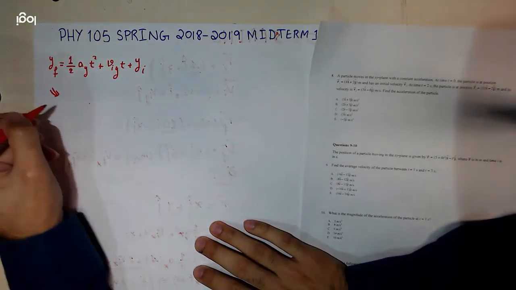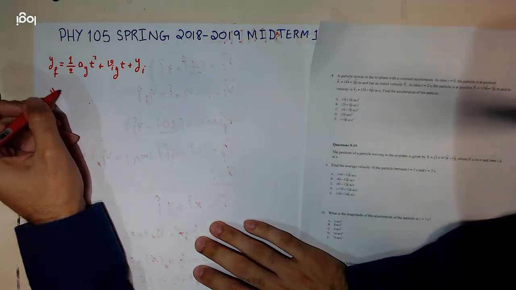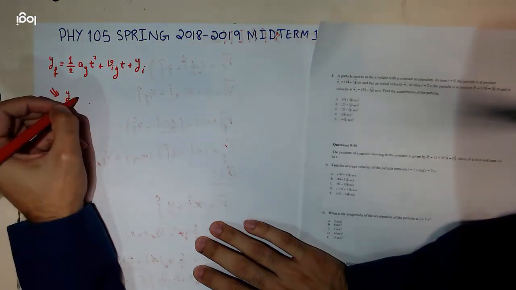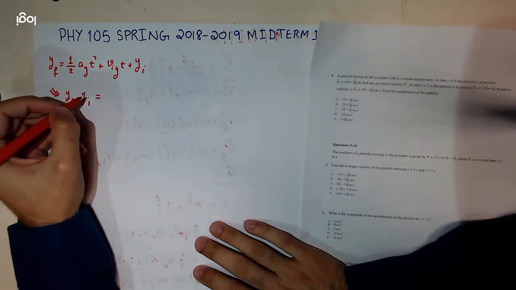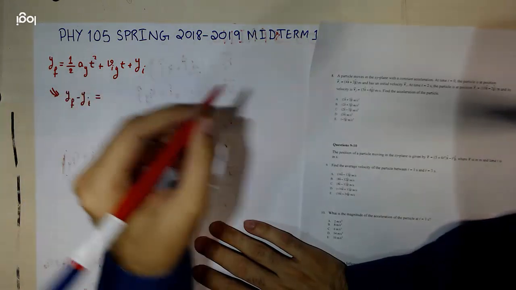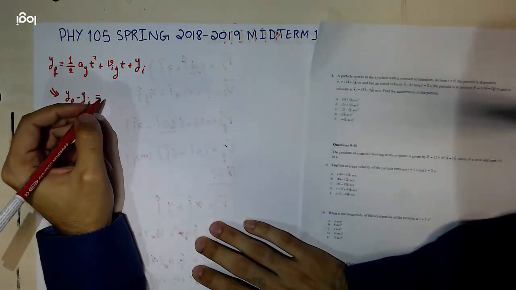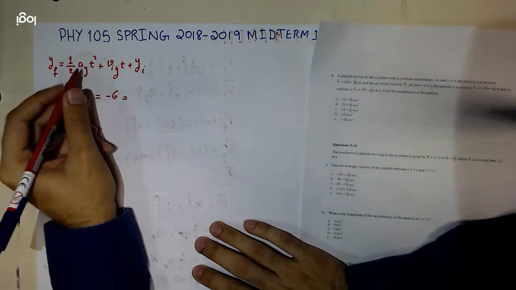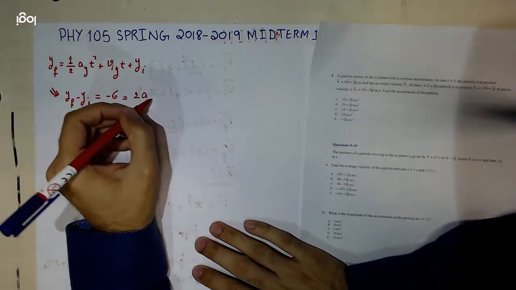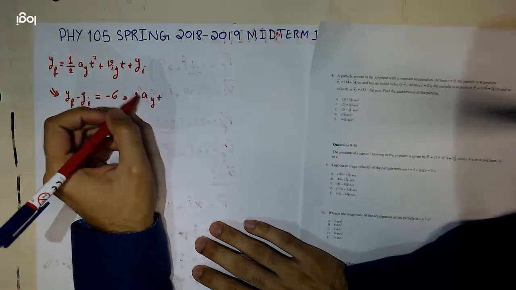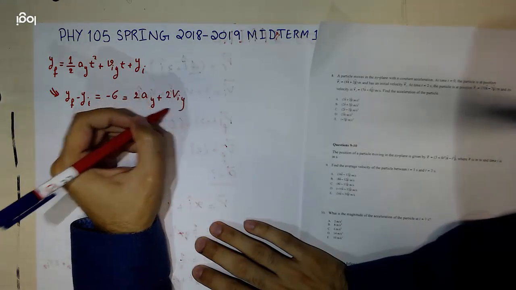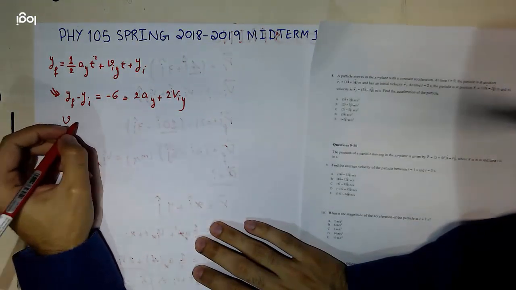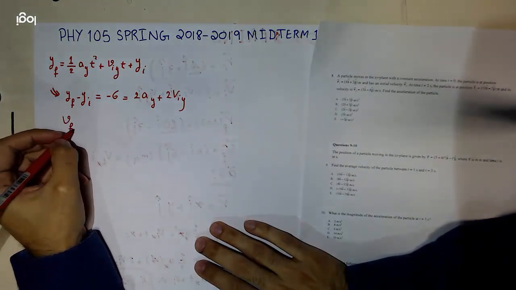So from these relations we can tell that delta Y, which is equal to Y final minus Y initial, in this situation -3 minus 3, should be equal to -6, which is equal to 2AY plus 2VI.